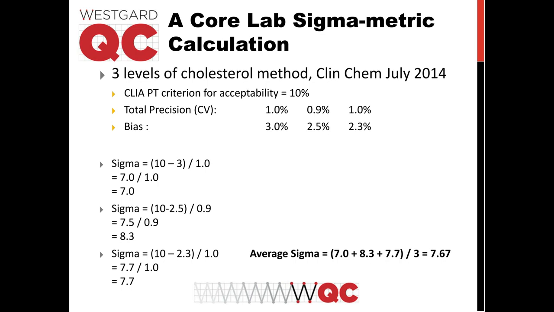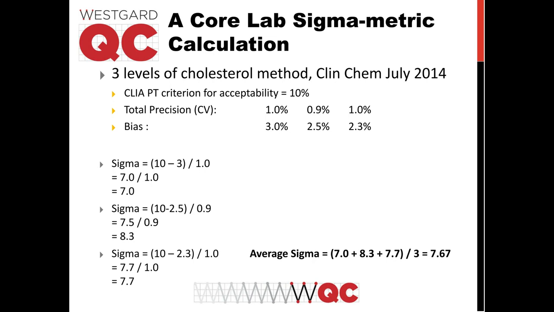This is why we asked you to collect the data at medically important decision levels. Where's the level that the control is being run that's closest to a decision point that the clinician uses, that makes the most important decision on the patient in terms of diagnosis and treatment? If you can identify that, take the sigma closest to that.